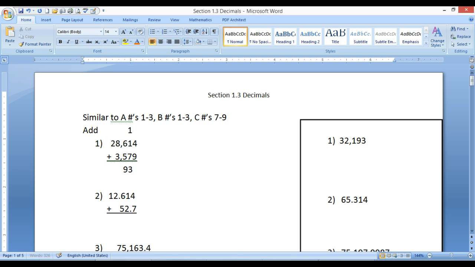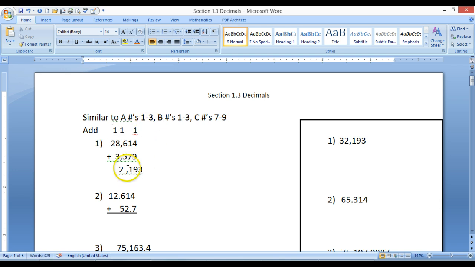I'm going to try and get these all lined up. I'm going to put a comma in mine as well. And again, I need to carry, so I'm going to come up to this position, give myself the 1. 1 plus 8 plus 3 gives me 12, so I'm going to put a 2 here and carry my 1.